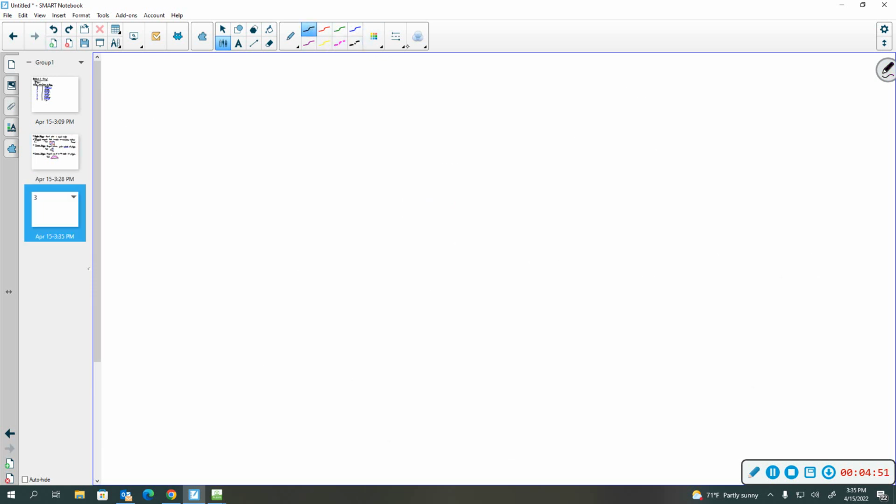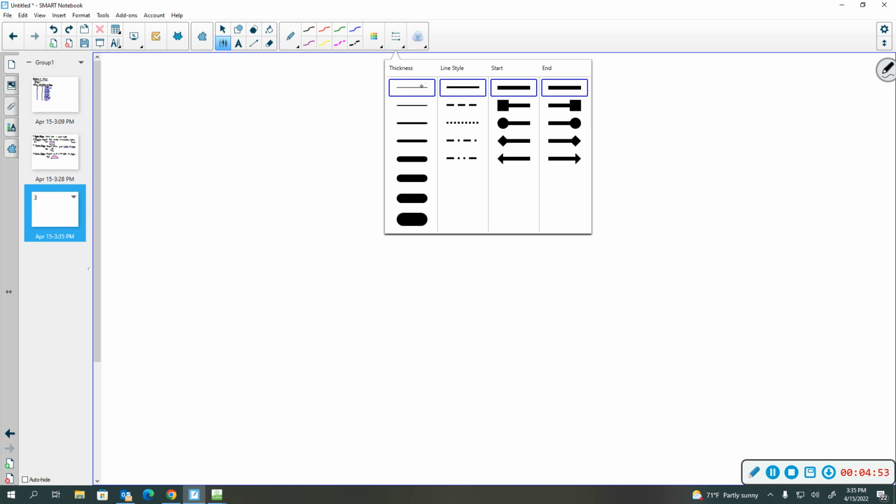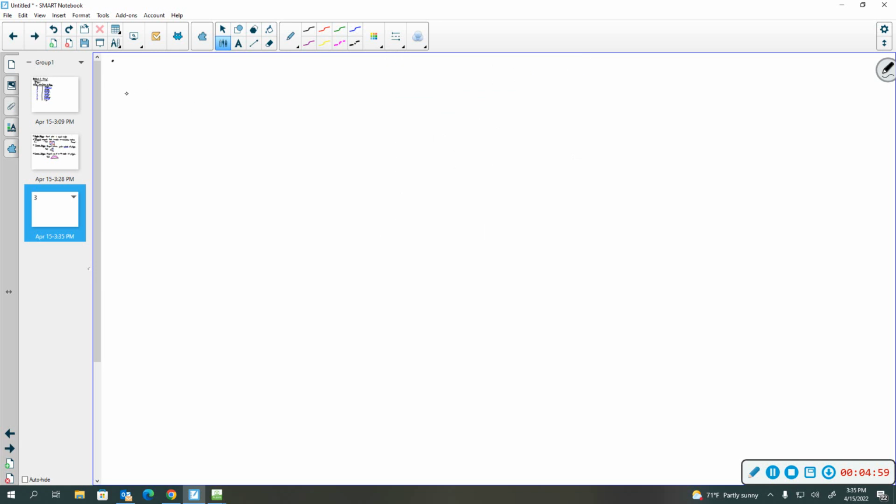Now, we will move to some math with your polygons. It's all about the angles on the inside of your polygon. This first theorem is called the polygon angle sum theorem.